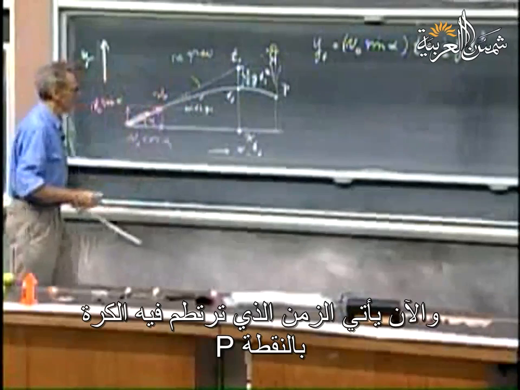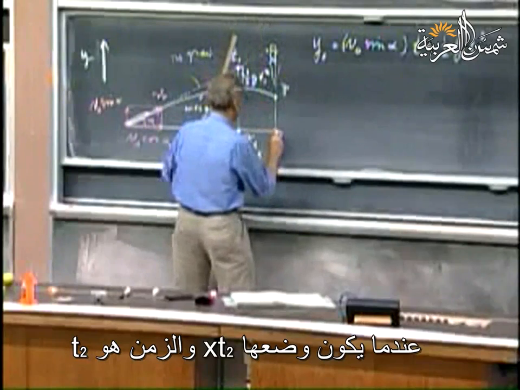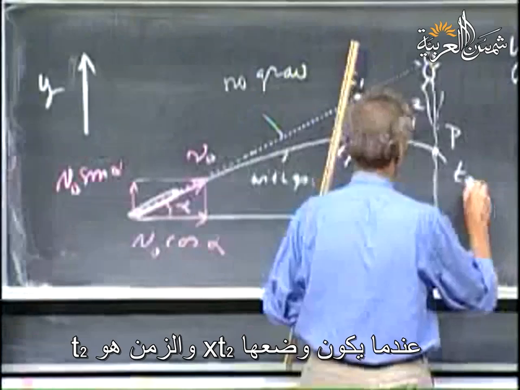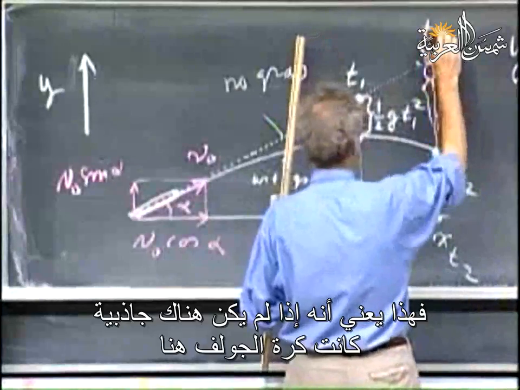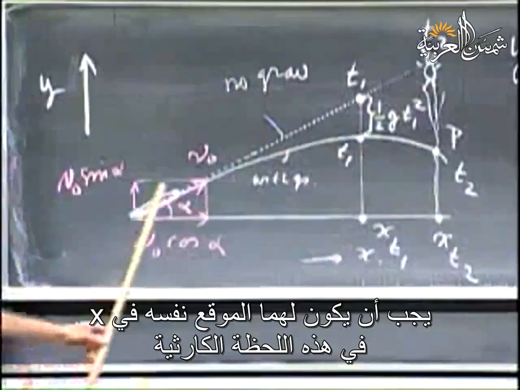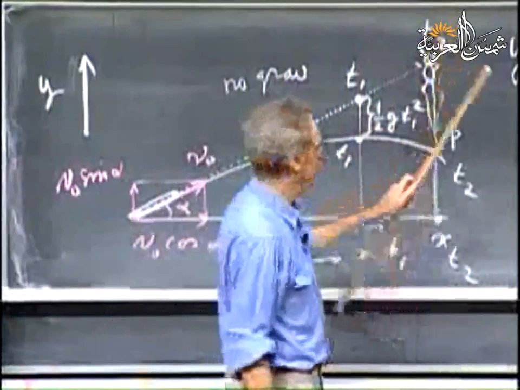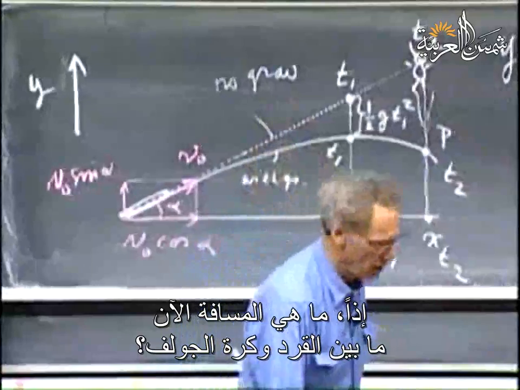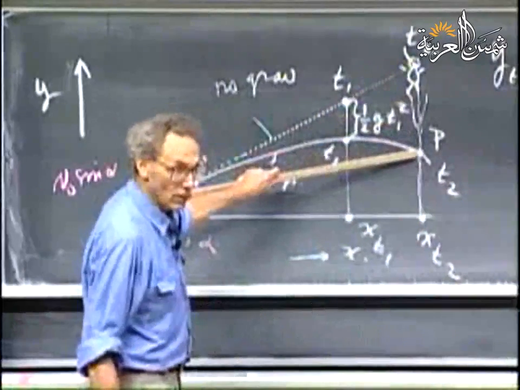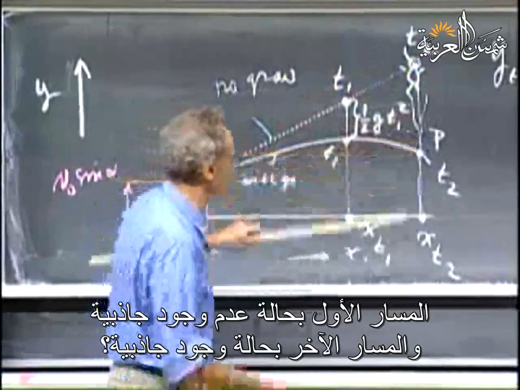Now comes the time that the golf ball hits point P, when its position is x(t2), and the time here is t2. That means if there had been no gravity, the golf ball would have been there. They must have the same position in x at this catastrophic moment. So what now is the distance between the monkey and the golf ball, the distance between the two trajectories, one trajectory no gravity, the other with gravity.